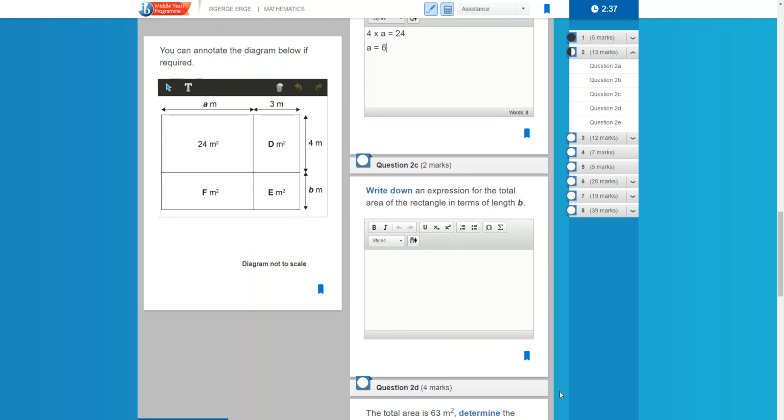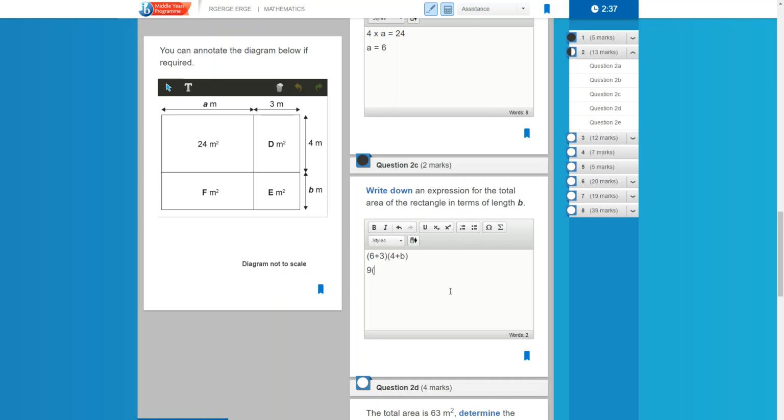Write down an expression for the total area of the rectangle in terms of length and B. You need to be careful here, it's A plus 3. And I know that A is 6, so it's 6 plus 3, multiplied by 4 plus B. Now if you leave it like that, you only get 1 mark.